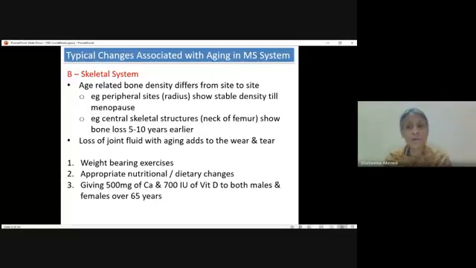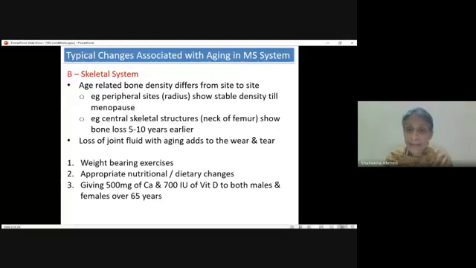So changes of age appear 5 to 10 years earlier in the axial skeletal system as compared to the peripheral skeletal system. And as age advances, there is loss of joint fluid, there is wear and tear of the joints and the muscles and the cartilage. Again, this further aggravates the efficiency and effectiveness of the musculoskeletal system.